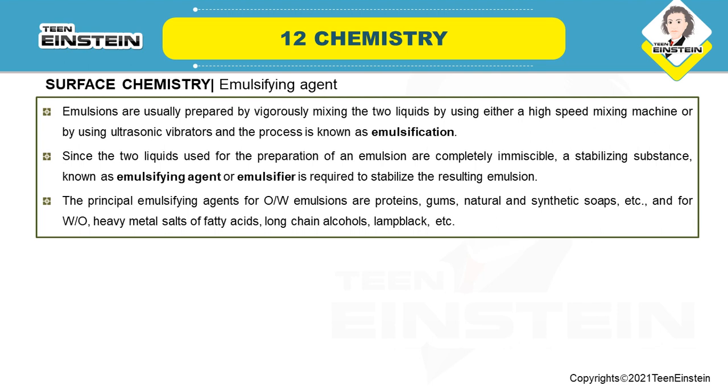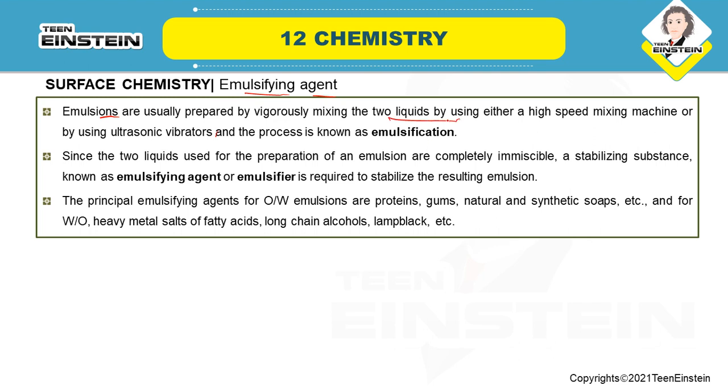Emulsifying agent. From the expression, it is clear that the agent which helps in emulsification will be called an emulsifying agent. To know what an emulsifying agent is, we first have to understand how emulsions are actually prepared.